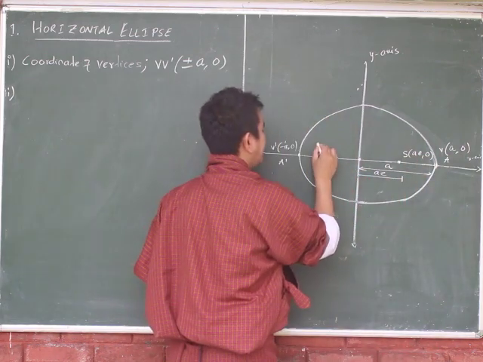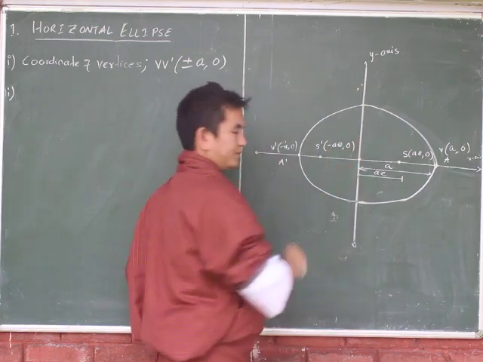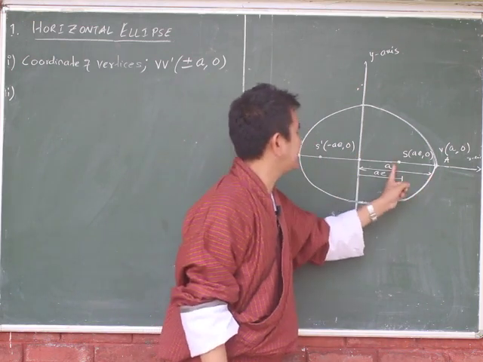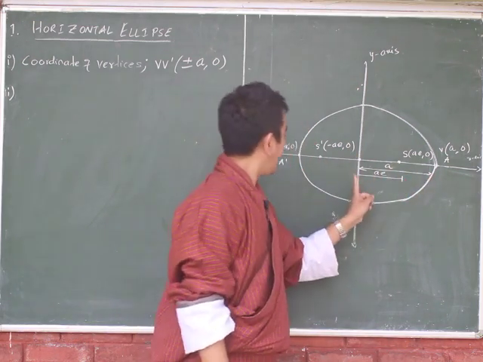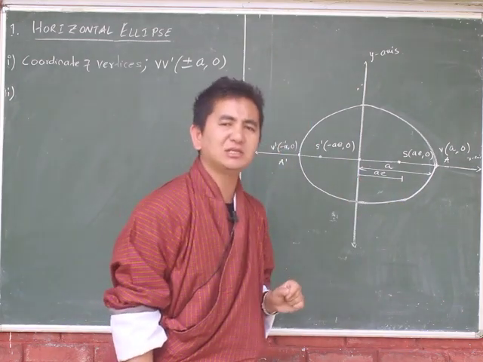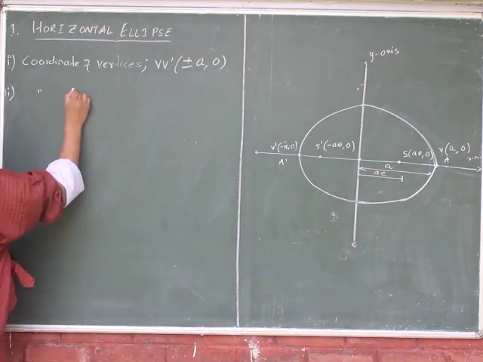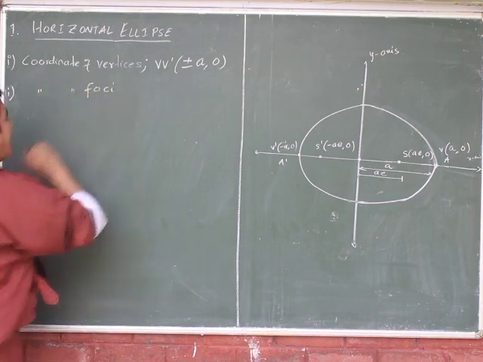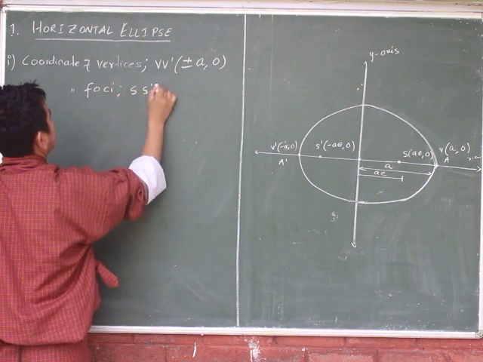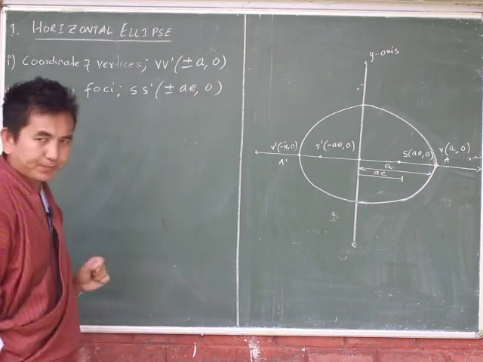Similarly, this side, let me take S dash, which is (negative AE, 0). The important concept is that from the center to the vertex the distance is A units, and from the center to the focus the distance is AE, where E stands for the eccentricity of the ellipse. Therefore, the coordinates of foci are (plus or minus AE, 0).